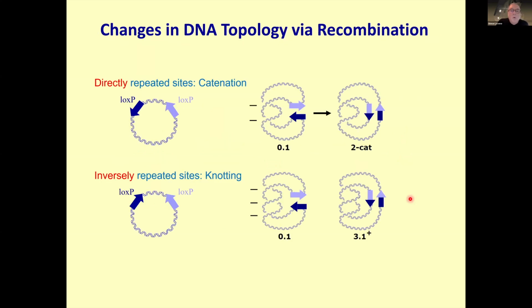Now, from a topological point of view, if you carry out this process on molecules that contain DNA supercoiling, you can actually convert those supercoils into non-trivial knot crossings. And actually, depending on whether the sites are directly oriented or inversely oriented, you can also generate catenated structures.